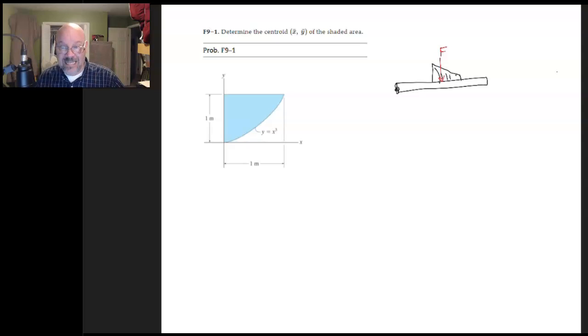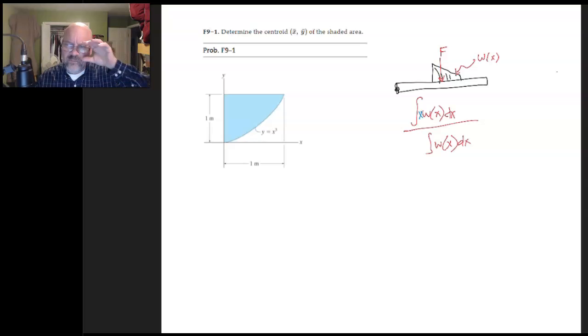The way that we did that was we took our distributed load, which is like some w of x, and we integrated w of x, with an x in there. Now I'm going to undo that and make the x a different color, just like this. And then we had to divide that by the integral of w(x) dx, like so.